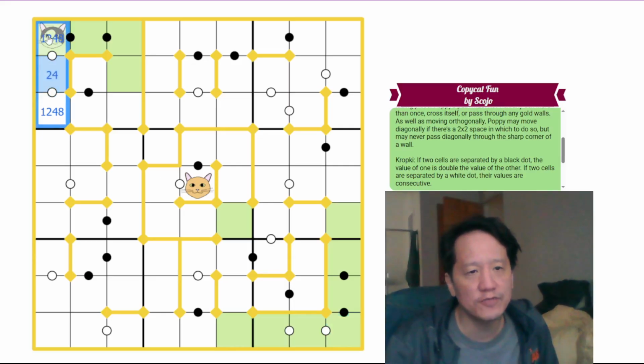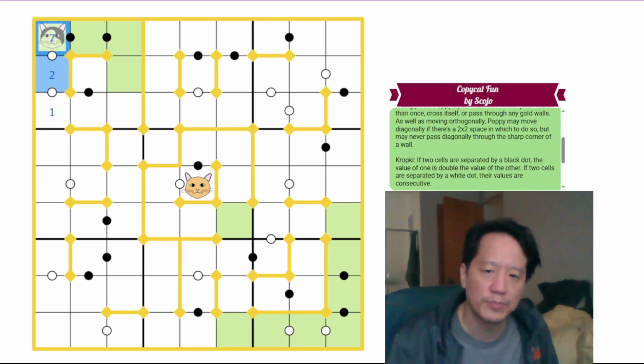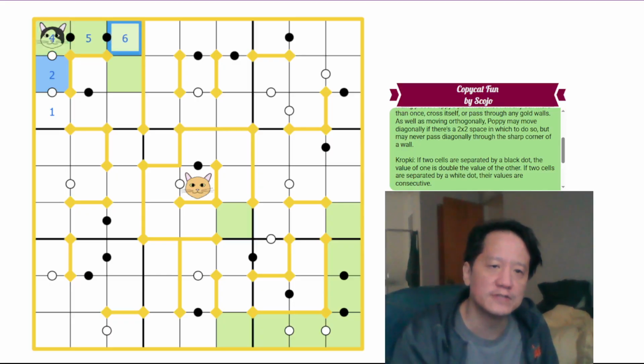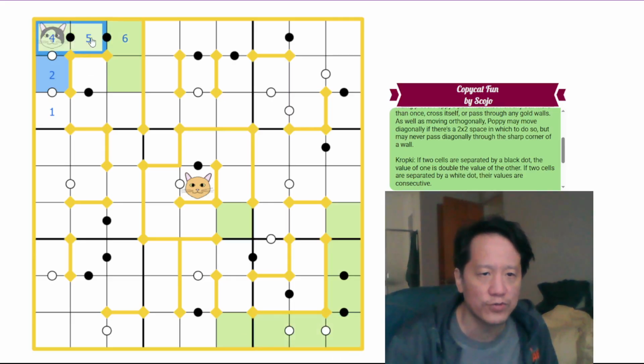Again, these have to be in a 1-to-2 ratio. So let's look at the possibilities. We could have 1, 2, 4, and then 5 and 6 here, because these must be consecutive. It cannot go down to 4, 3, because then that would be blocked by 2.